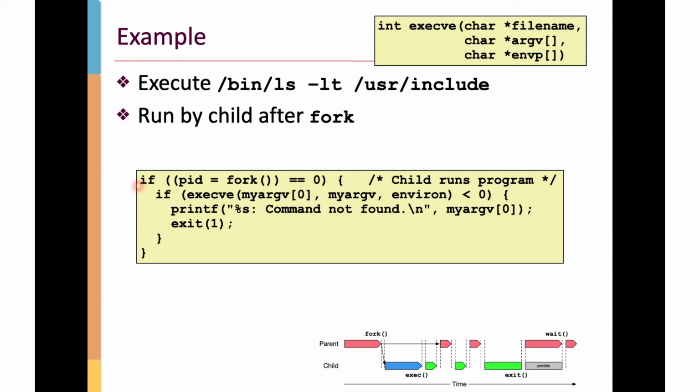So the parent calls fork, and again, fork returns twice, so the parent is going to go off in a different direction. Here I'm only showing the response in the child process where the PID value returned from fork is 0. The child is then going to just turn right around and call execve. I'm showing some generic arguments here, but we might, for example, pass in /bin/ls as that first argument, because that's actually an executable file that runs the ls command.